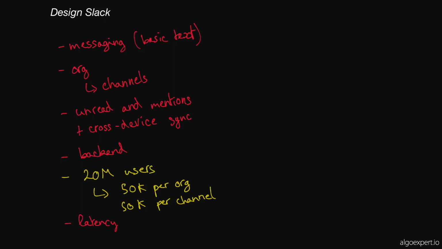So there's both this instant messaging aspect and seeing stuff happen in real time, but also being able to look through old messages and old channels, all channels, etc. And on top of that, there's the whole unread messages and mentions.